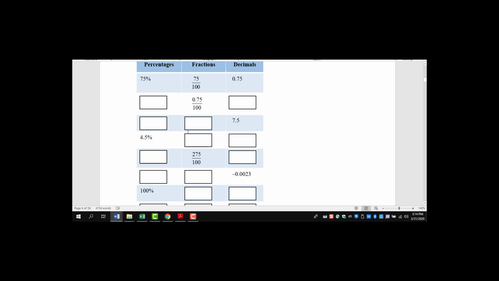So we're just going to do a few of these. This one's quite simple, right? 75% is the same thing as a fraction, 75 over 100, and it's the same thing as 0.75. So you can just put this one in your calculator, and you're going to get that. See, now this is different. It's 0.75 over 100. What's that percentage?